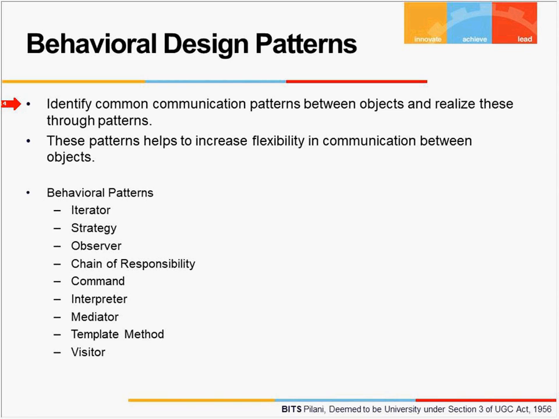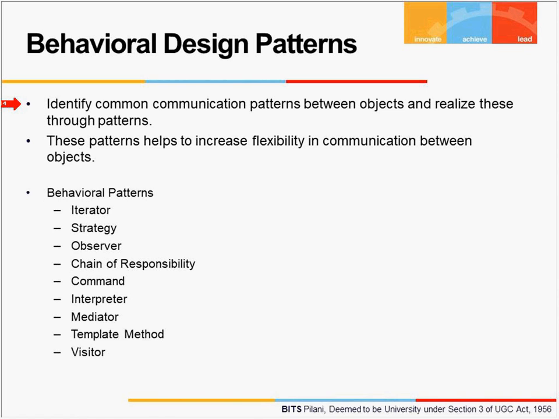Behavioral design patterns help us identify communication patterns between objects and realize them with the help of patterns. So these behavioral design patterns really help to solve issues related to communication between objects, right?